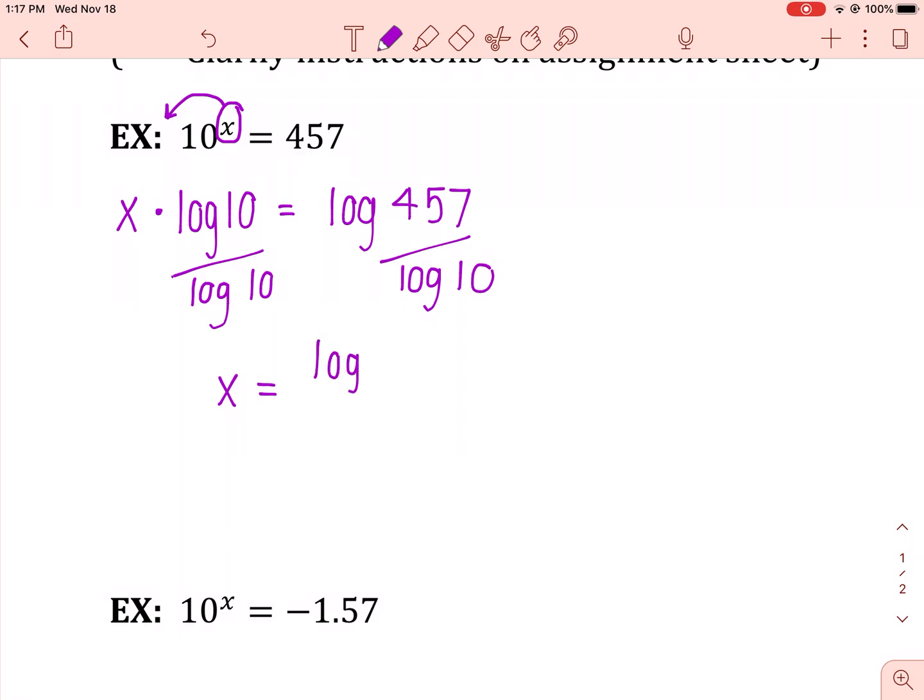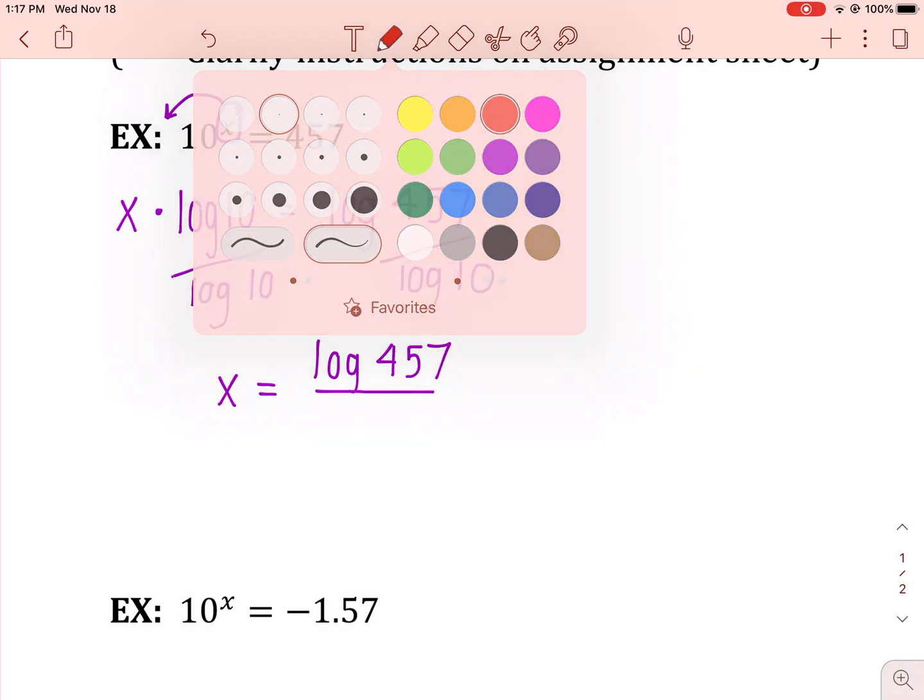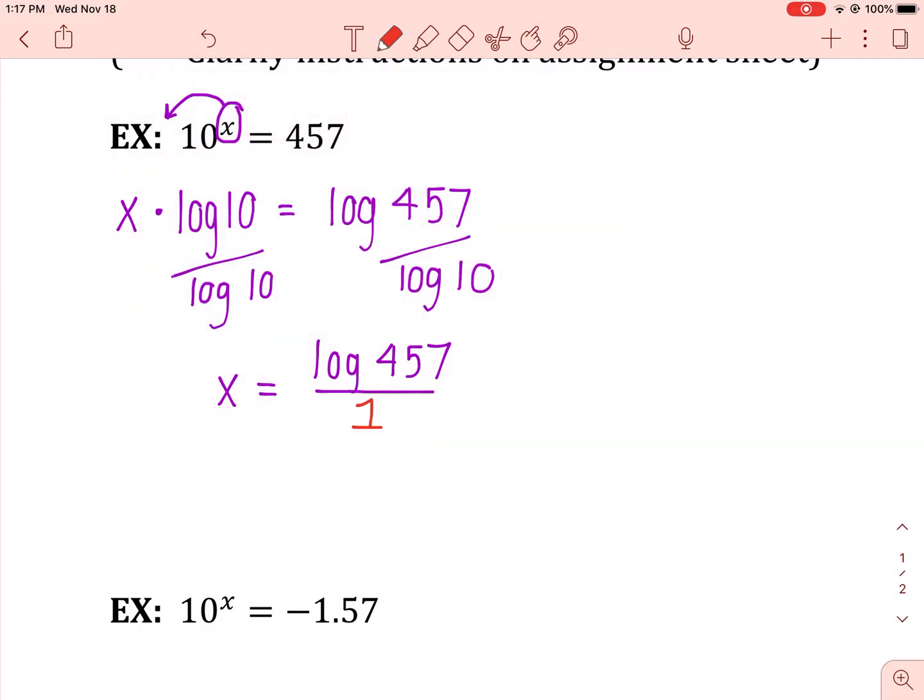If you see this, you can just change log of 10 to 1. It's equivalent. Log base 10 of 10 is just going to be 1. If you don't see it, that's okay for right now. You're going to type it in your calculator and it's going to simplify out anyways.